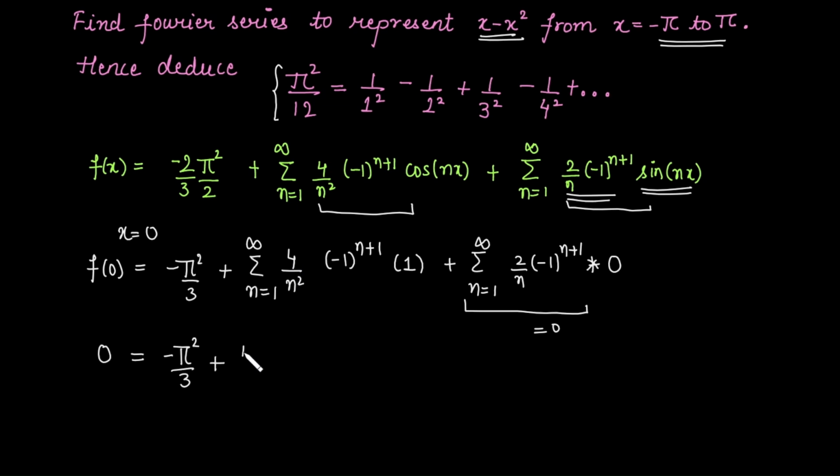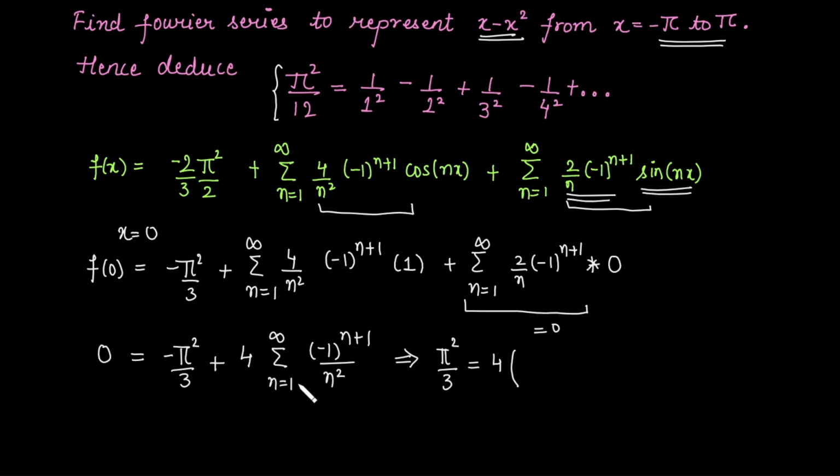Now from here take 4 outside before expanding this expression: minus 1 raised to power n plus 1 by n square. Simplify this. This term we can take to the right-hand side, which is a positive pi square by 3, equal to 4 times, expand this series.